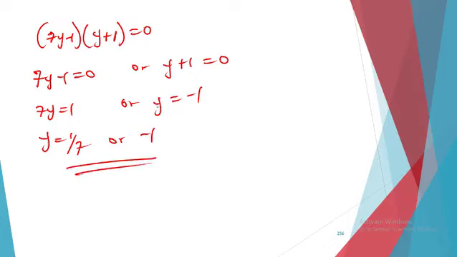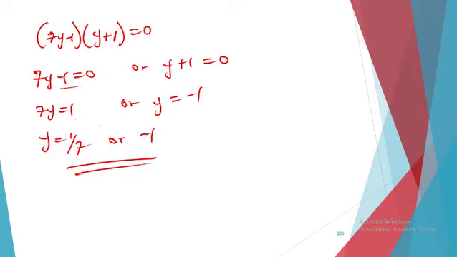You know how we got that, right? 1 crossing the equality sign became minus 1, right? This minus 1 crossing the equality sign became a positive 1. So we've gotten the two values of y to be minus 1 and 1 over 7.